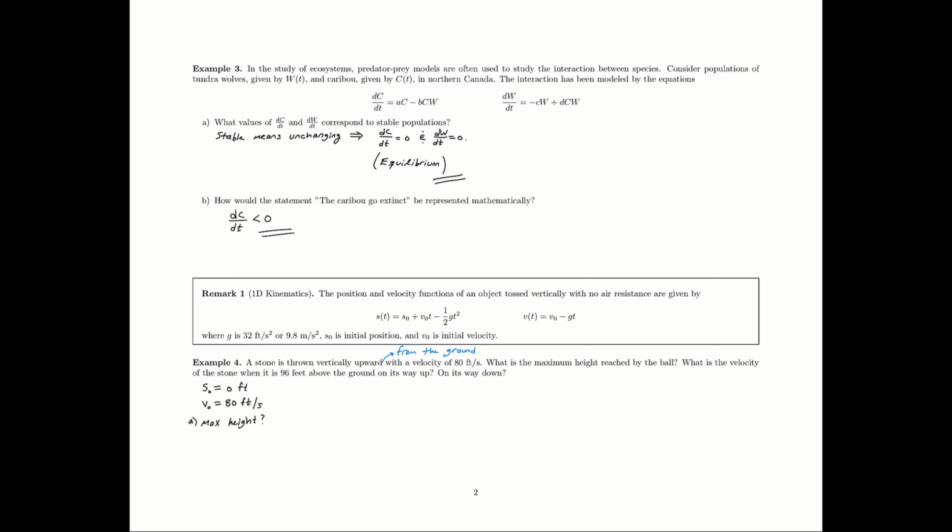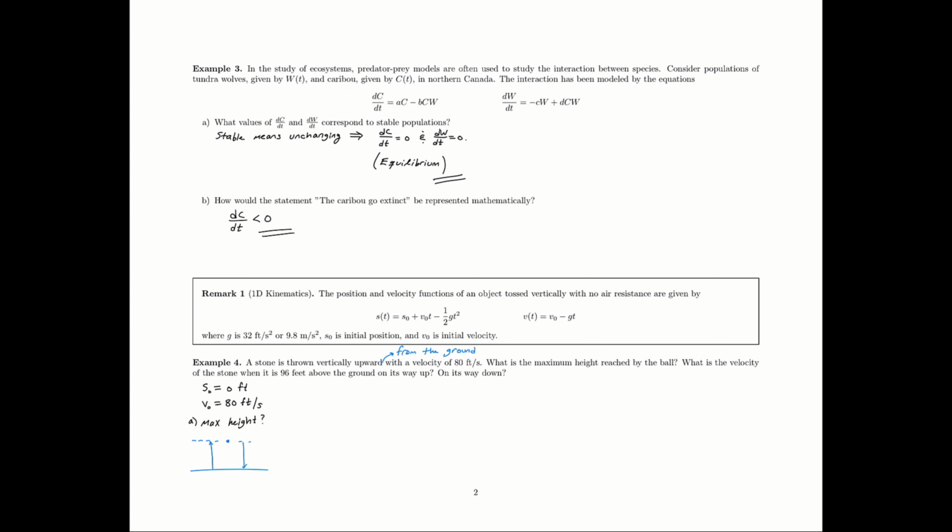So an important thing that is obvious when we actually say it out loud, but it is going to be the key to figuring this out, is when you throw something up in the air, eventually it will stop, right? It will stop, and then later it will fall back down, which is obvious, but there's an important thing that happens right here.